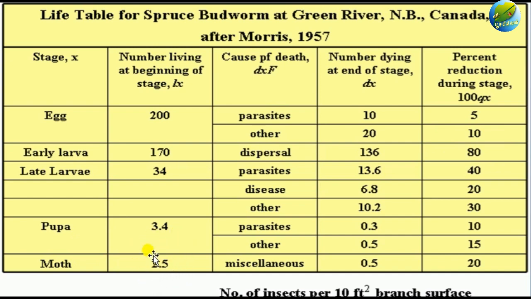It doesn't mean that two moths are alive and one is dead. It is just an average number. The number dying at the end of the stage was 0.5, due to causes such as predators and parasitoids, and the percent reduction during the stage is 20%.